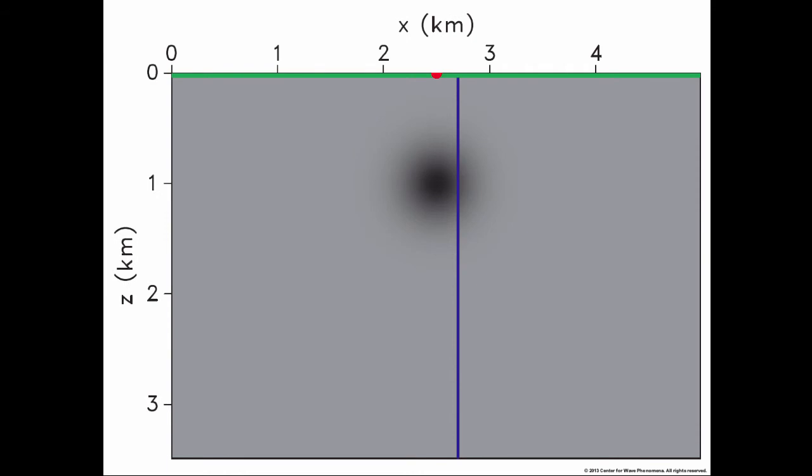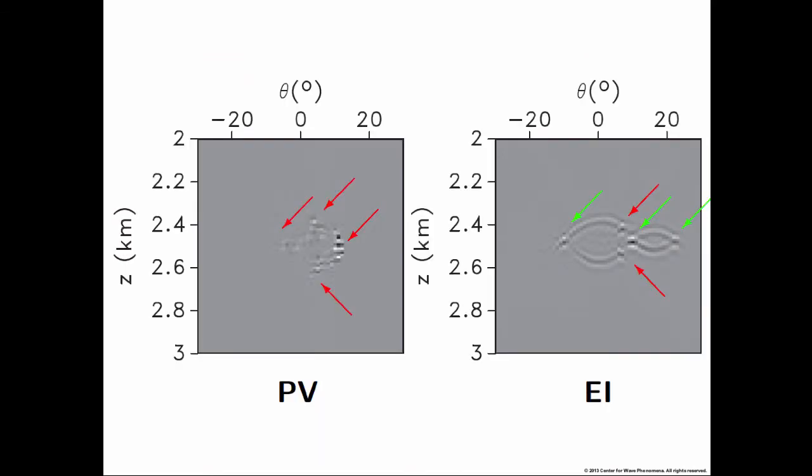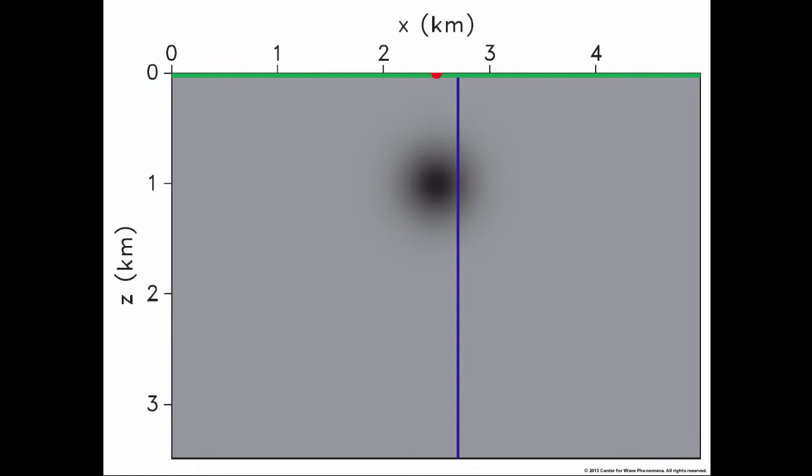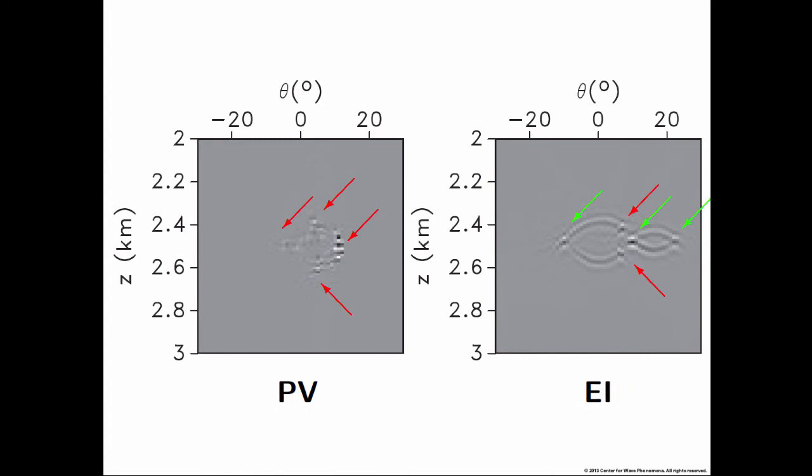So let's disrupt the symmetry of the model a little bit and shift the gather slightly off the center. So we will still have 3 propagation paths that we would like to capture. But now they won't be normal incidence or symmetric around normal incidence. So the extended image method captures the 3 correct angles, but it also suffers from the crosstalk events indicated by the red arrow on the right that are not mapped at the correct depth.